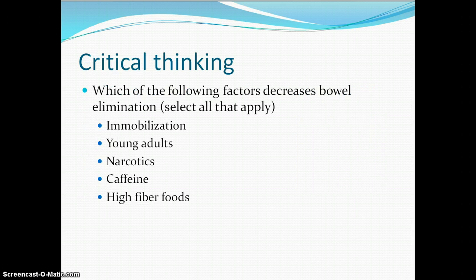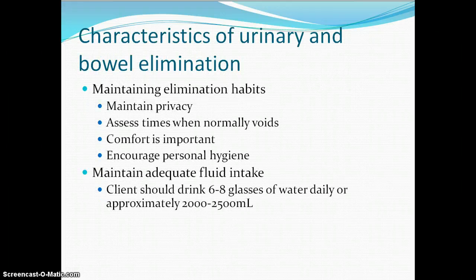So when we think about the following factors that decrease bowel elimination, I hope you're able to identify that immobilization and narcotics are the 2 in this list. Caffeine actually promotes bowel elimination, and some of your older people in the nursing home will drink coffee or hot tea, and it does promote bowel elimination for them. And high fiber foods, as we know, are very good for promoting bowel elimination.